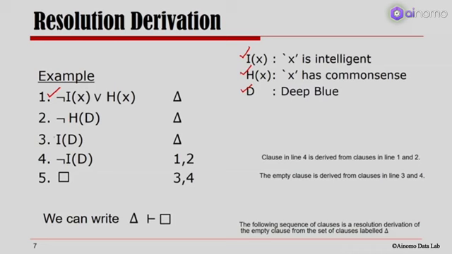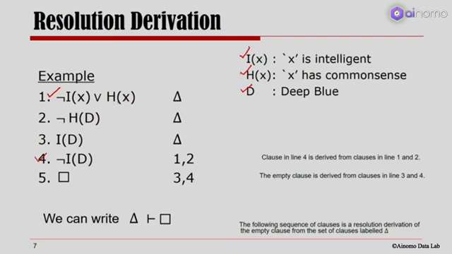Conversely, if delta union not phi is unsatisfiable, let us assume an interpretation I that satisfies delta. As I satisfies delta, I does not satisfy not phi. For if it did, then it would make delta union not phi satisfiable.